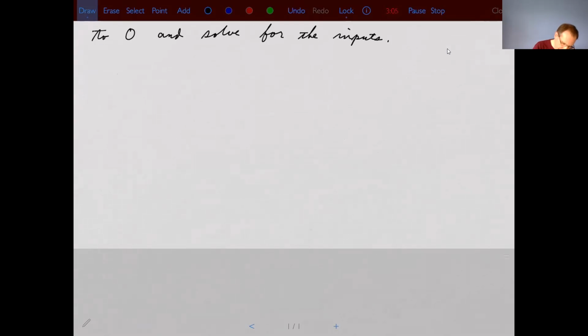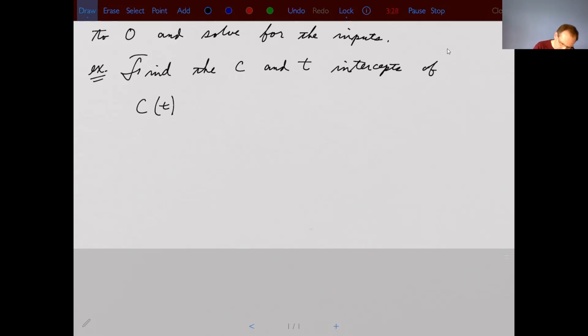Let's say I want to find the c and t intercepts of this polynomial. C of t is equal to 2t to the 4th minus 8t cubed plus 6t squared.